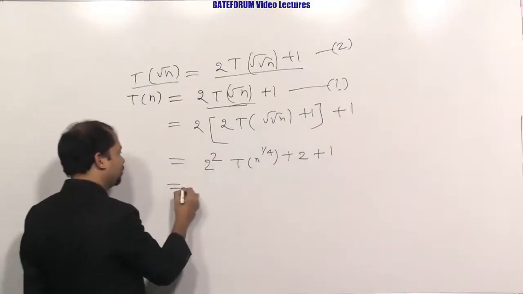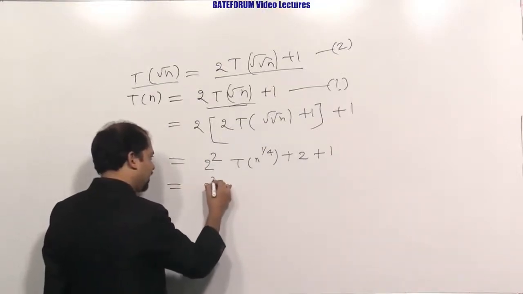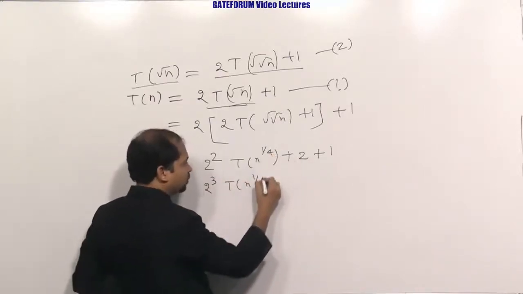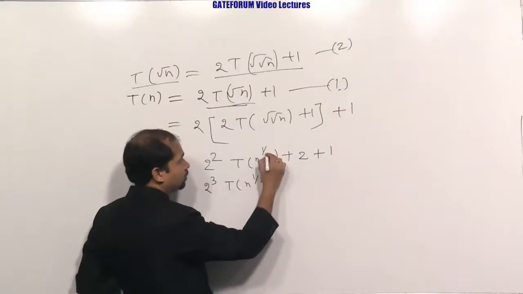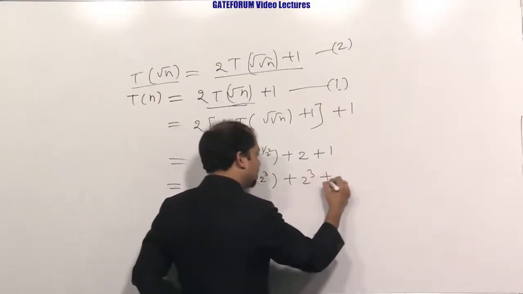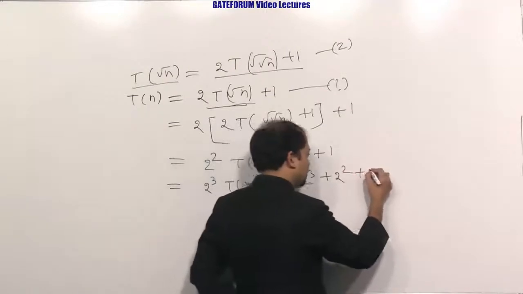Similarly, if you go to another level, it will give you T of n to the power 1 by 2 to the power 2. So this is 2 power 2, it will be 2 power 3, and we have 2 power 3 plus 2 power 2 plus 2 power 0.